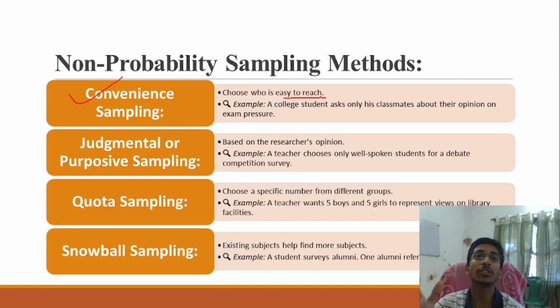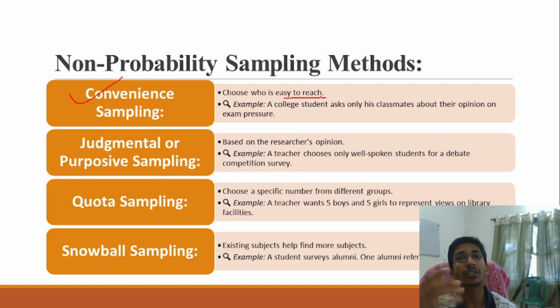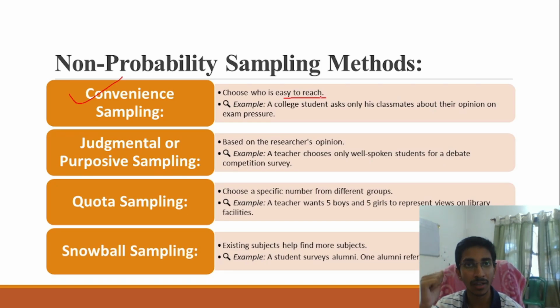It may be your friend, your father, your mother. You just collect data from who is easy to reach. For example, a college student asks only his classmates about their opinion on exam pressure. So classmates are easy to reach for the researcher.